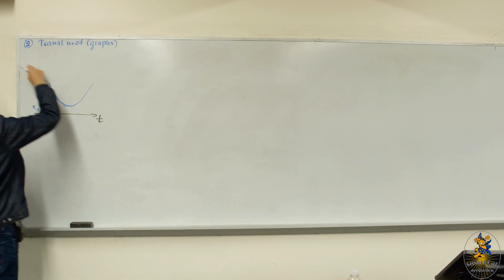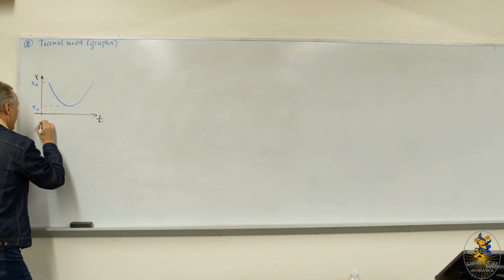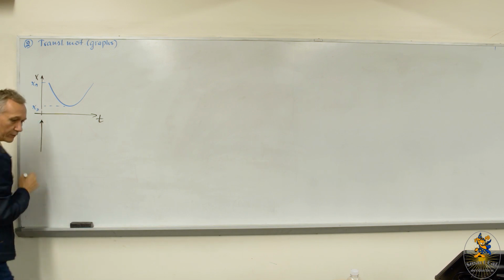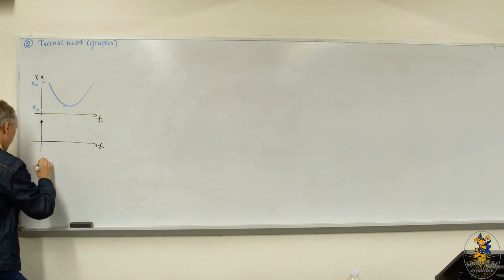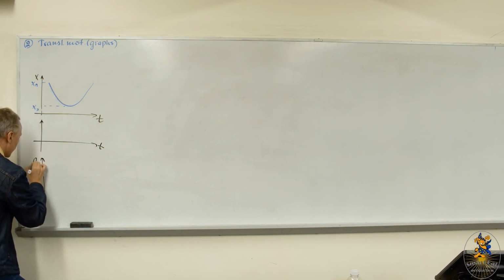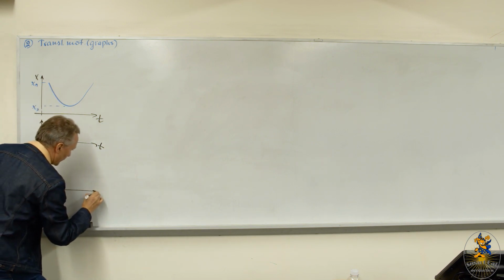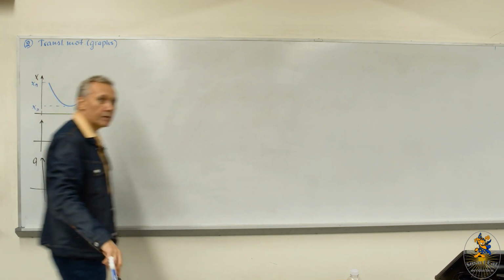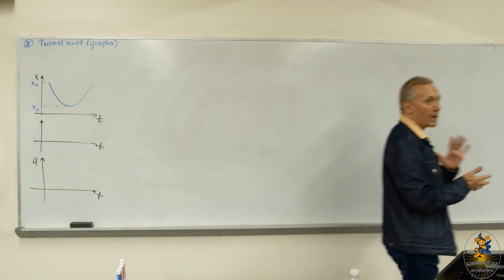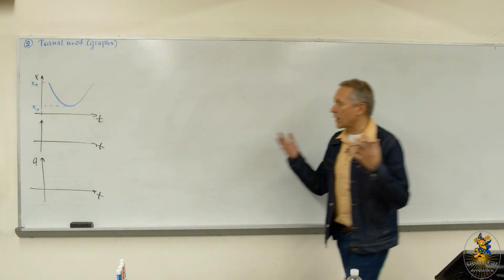No, first over here we will describe the physical situation. Then we will plot velocity versus time. And then acceleration versus time also. So first, let's imagine what happens to a real object in our real life.